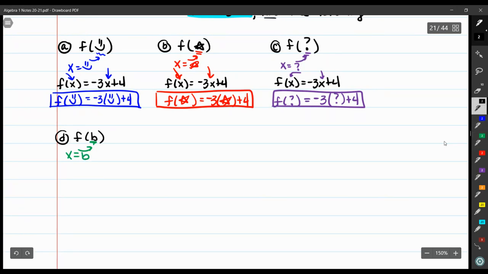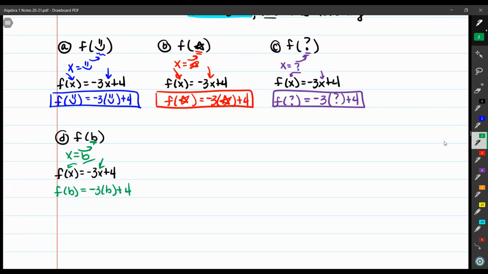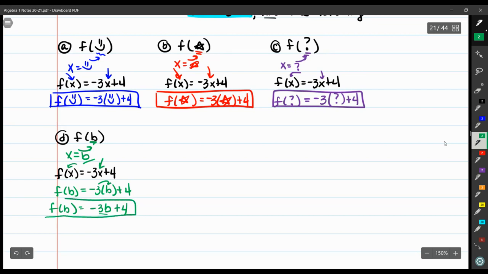So in our original equation, f of x equals negative 3x plus 4, we get to replace this x and this x with b. So f of b is equal to negative 3 times b plus 4. Now this I can make at least a little prettier. Negative 3 times b is simply negative 3b plus 4, equals f of b. Now, 3b and 4 are not like terms, so this is as far as I can go.